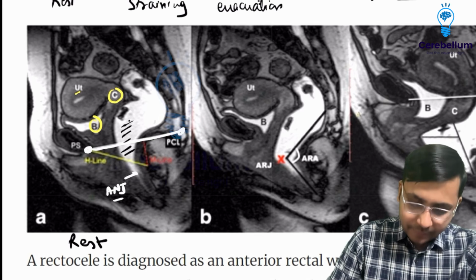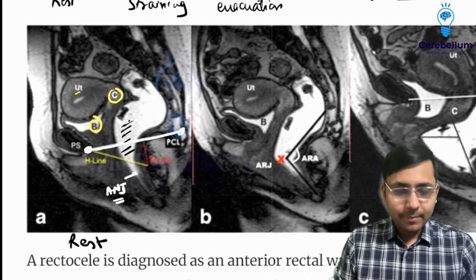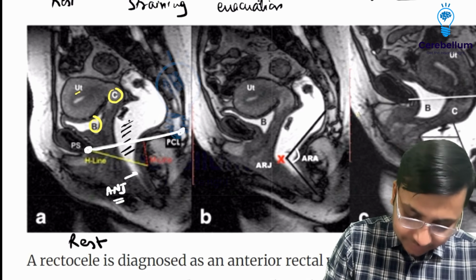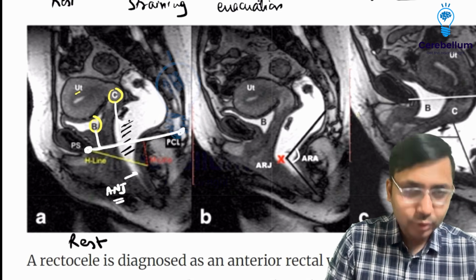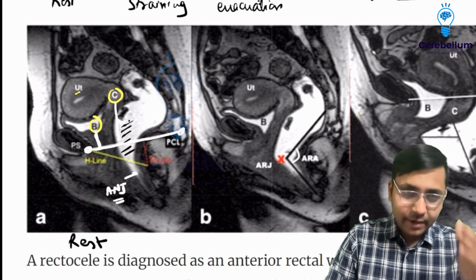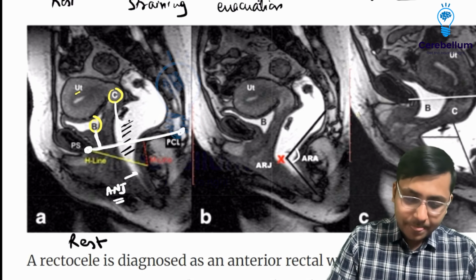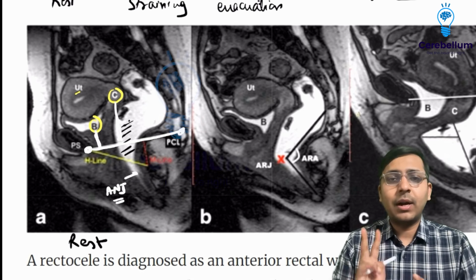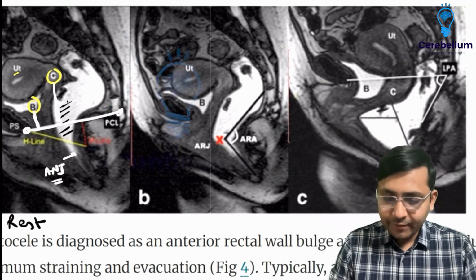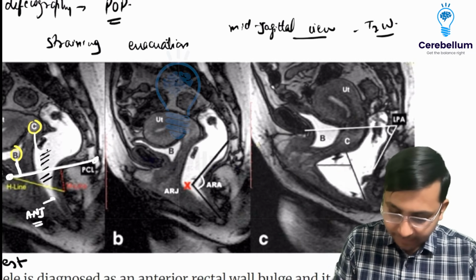Now, what are the other landmarks? So we have bladder, cervix. The bladder neck will tell me about urethrocele, and the cervix about cervical descent, and these are the 2 important landmarks.